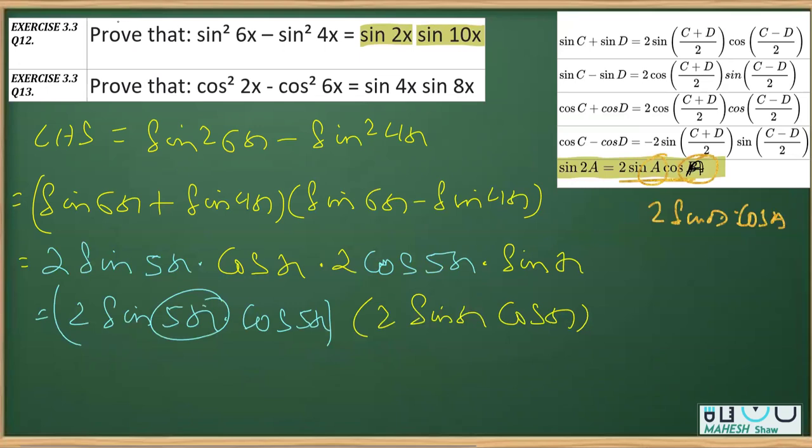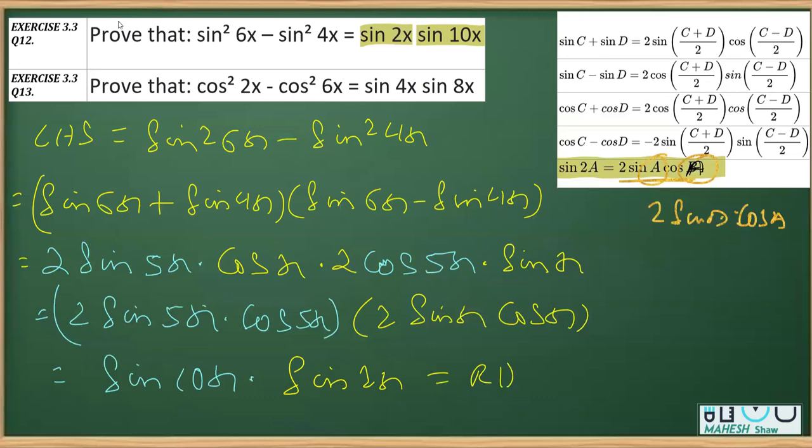That means twice of 5x, which is 10x. So this will be sin 10x, multiplied by, considering this to be a, 2 times sin x cos x, which is sin 2x. And we can say this is equal to the RHS.